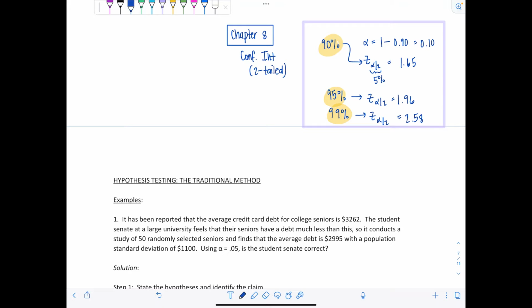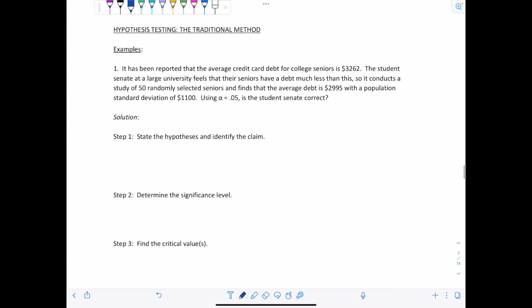Don't fret. Okay, let's get into an example. It has been reported that the average credit card debt for college seniors is $3,262. Oh my goodness, that is a lot. The Student Senate at a large university feels that their seniors have much less debt than this.